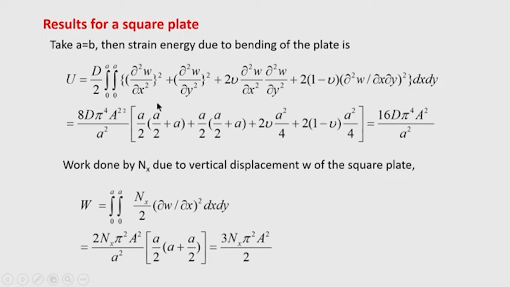This integral represents the first component, del square w by del x square whole square, and this is also the same because it is a square plate. So, the curvature in both the directions is equal. Therefore, you will get this again for the square plate. Then the product of these two, del square w by del x square and del square w by del y square, is integrated.